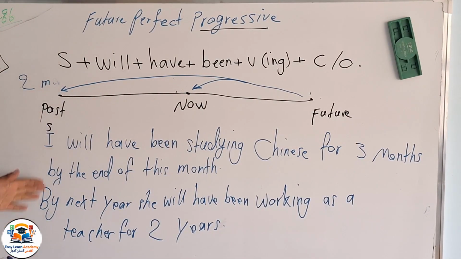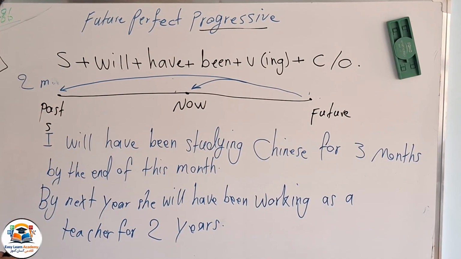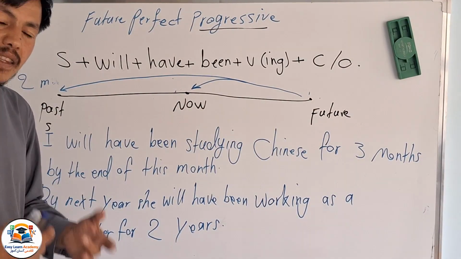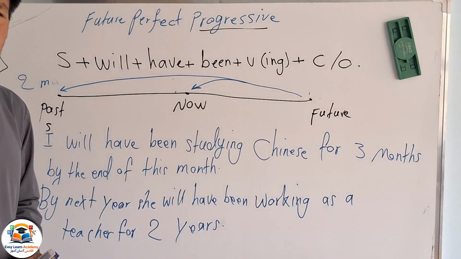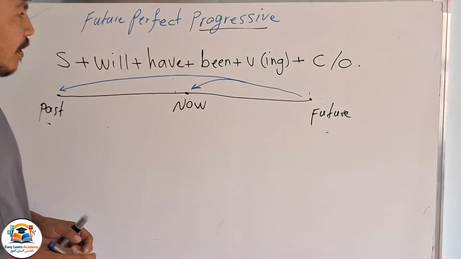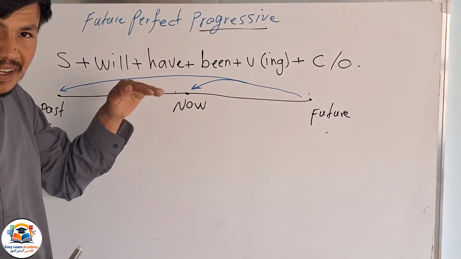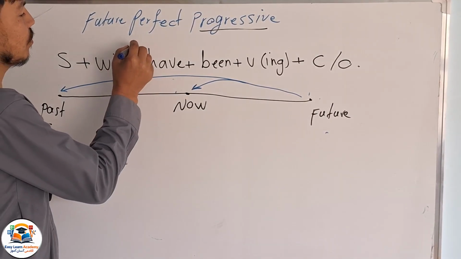Okay, so these are 2 examples of positive structure. So now let me show you some negative and question sentences as well.